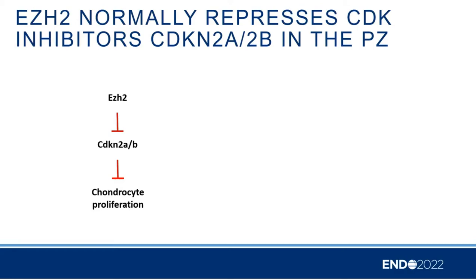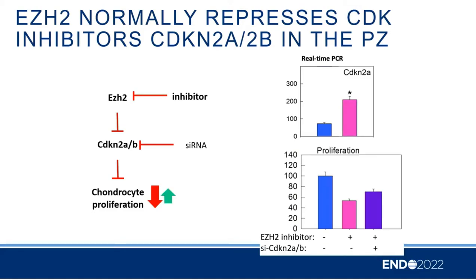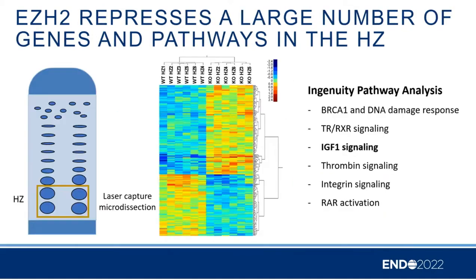We then confirmed that this effect is mediated through EZH2 because in chondrocytes you can use an inhibitor to block EZH2 activity, and that will lead to upregulation of these inhibitors associated with a decrease in proliferation. And you can reverse that by using siRNA to block CDK inhibitors, which then partially rescues proliferation.